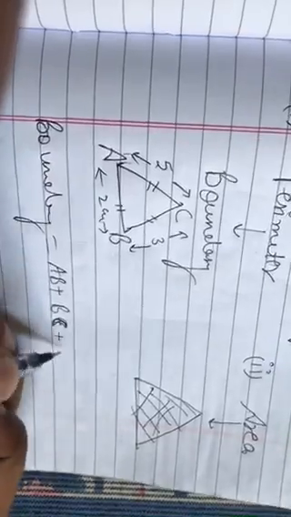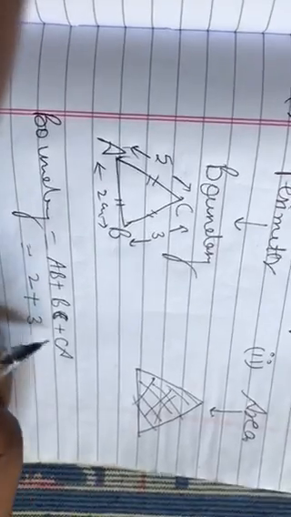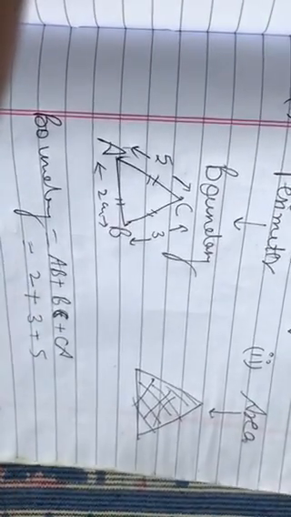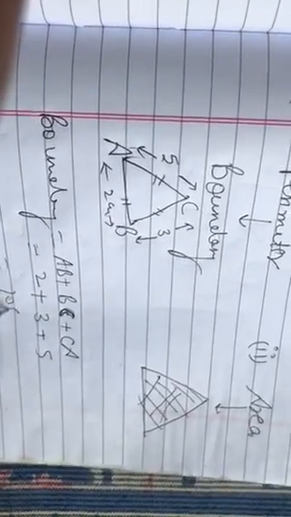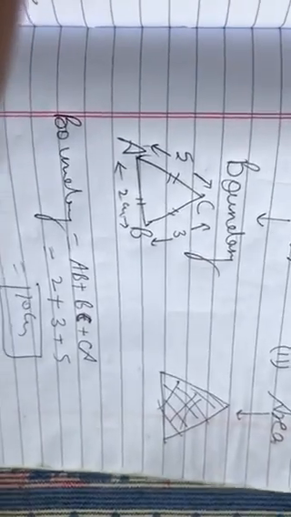Then boundary is the sum of measurements of its sides. AB is 2 centimeters, BC is 3 centimeters and CA is 5 centimeters. This means the sum is 10 centimeters. So boundary means the sum of measurements of the sides, right?